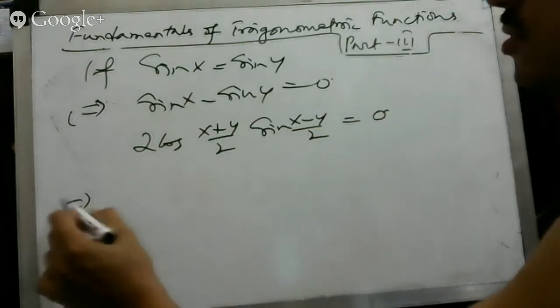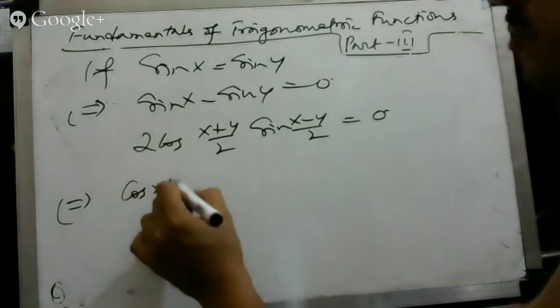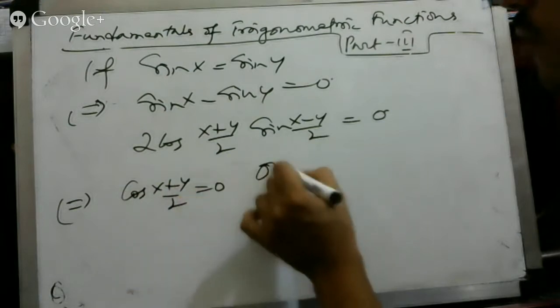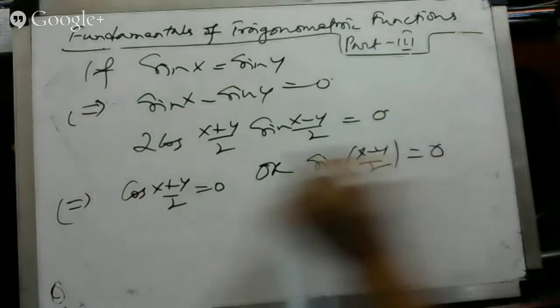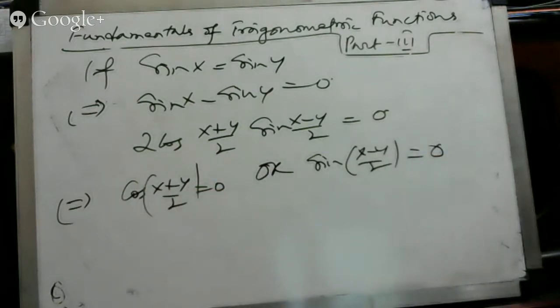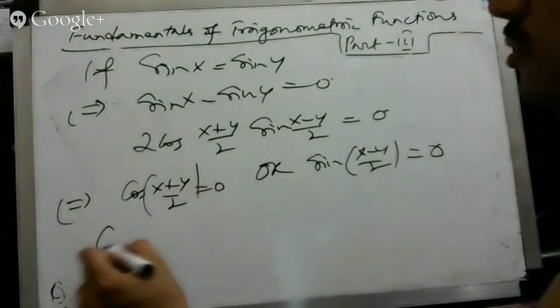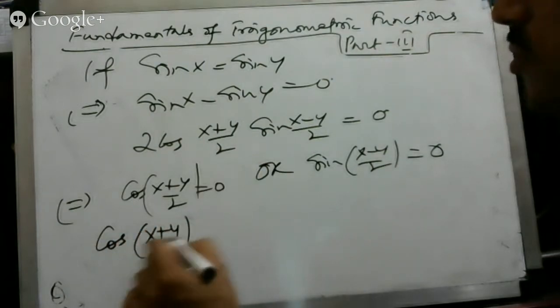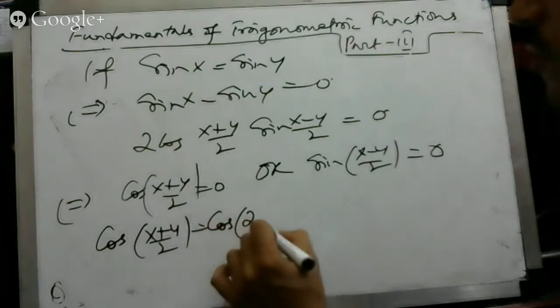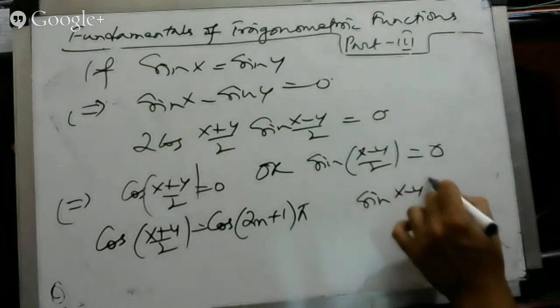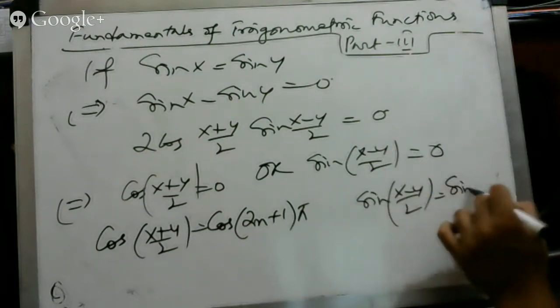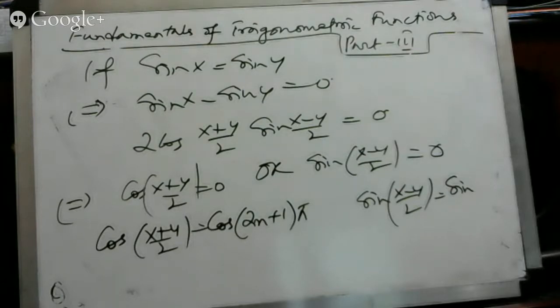Which means either cos of (x plus y) by 2 is equal to 0 or sine of (x minus y) by 2 is equal to 0. Cos is 0 at any odd multiples of pi by 2. So cos of (x plus y) by 2 equal to 0 means (x plus y) by 2 is equal to (2n plus 1) pi by 2, and sine of (x minus y) by 2 is equal to sine of n pi.